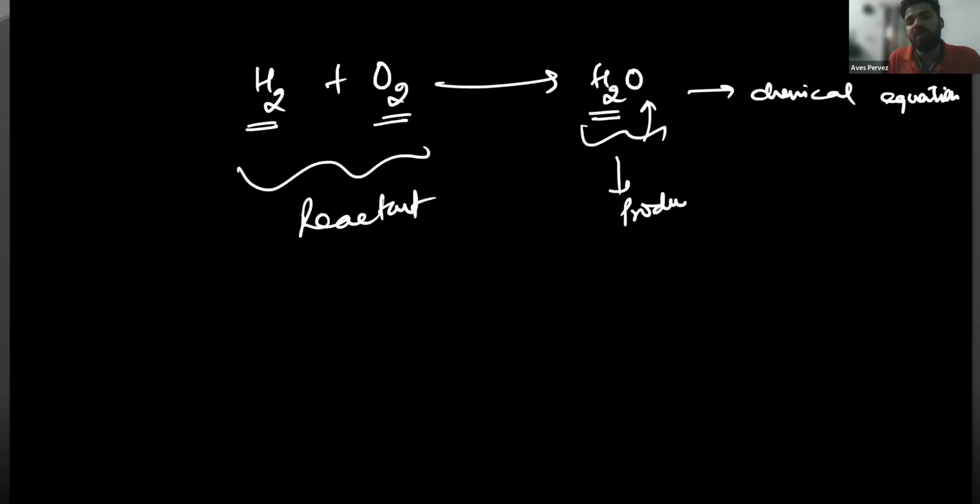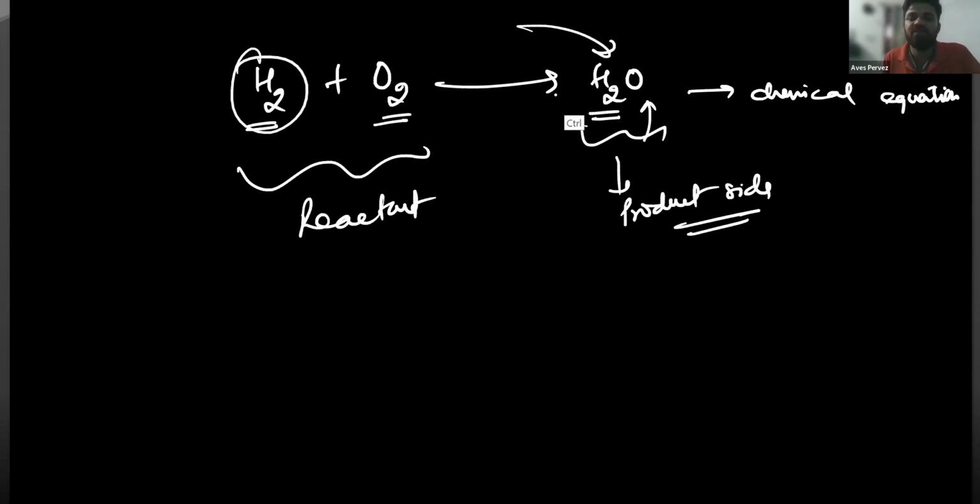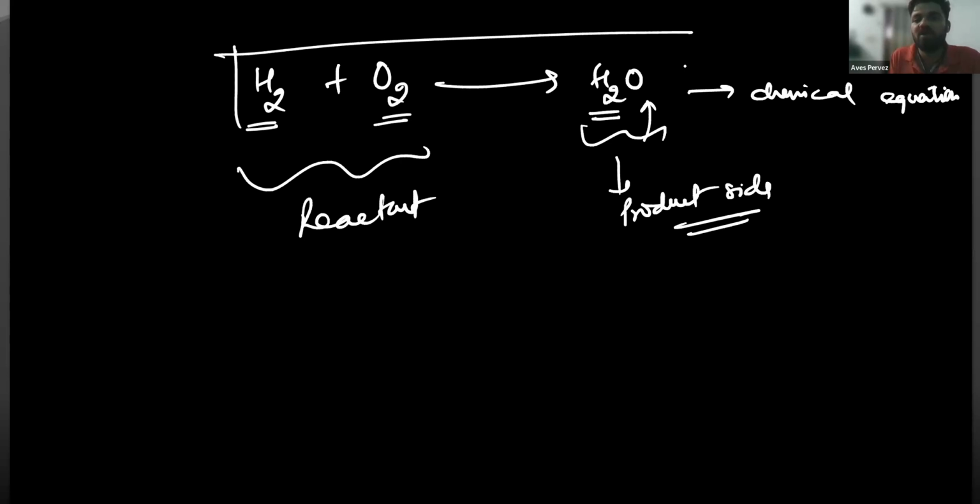The total number of atoms of each type should be equal on both the reactant and product sides. If there are 2 hydrogen atoms, there must be 2 hydrogen atoms. If there are 2 oxygen atoms, there must be 2 oxygen atoms. Here there are 2 oxygen atoms, but only 1 oxygen atom on the product side. So this is lacking. This equation is not balanced.